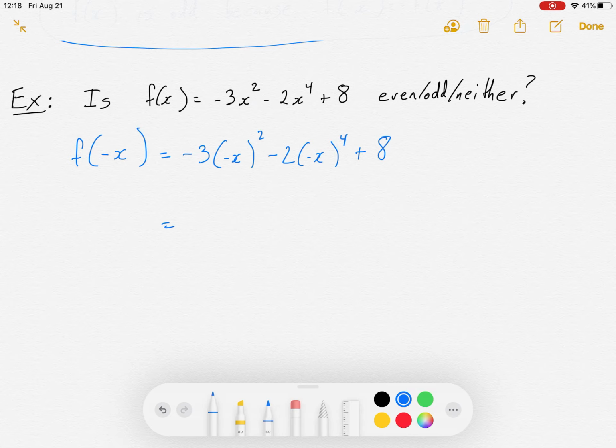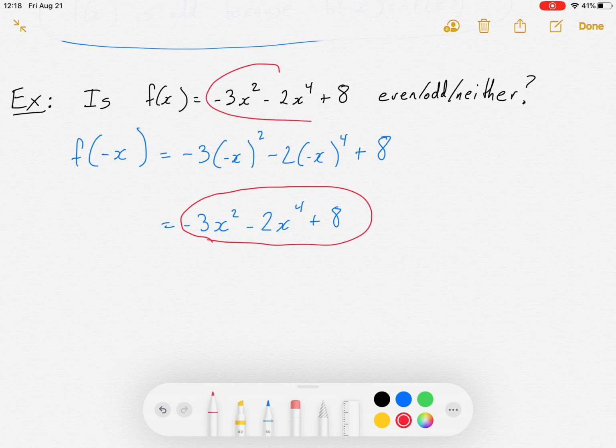And at this point, based on your knowledge of what we've done before, you might immediately start to recognize that this will just be x squared. This one is just going to be x to the fourth. And then we have plus 8. So at this point, you pause and you say, okay, this equation and this equation, the original, are those the same? Take a quick look.